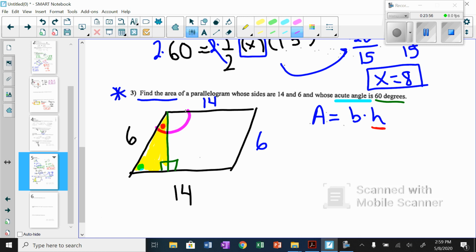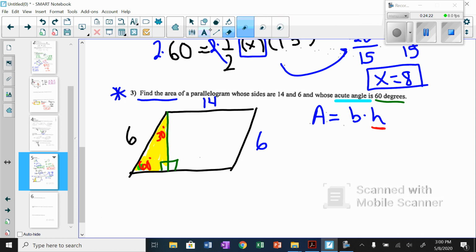This whole angle would be the full angle of a parallelogram. And you might say, oh, well, it looks like it's obtuse. It doesn't matter that it looks like it's obtuse because things aren't drawn to scale. But we need an angle inside the triangle. Not part of the angle inside the triangle, the full angle inside the triangle. So I'm going to label my 60 here, which means this is a 30, 60, 90.